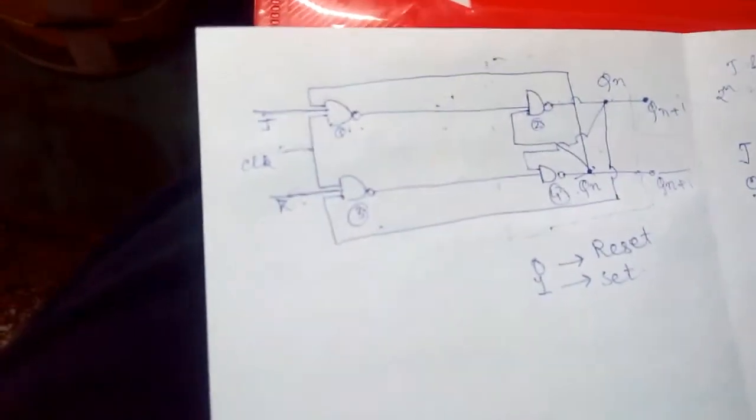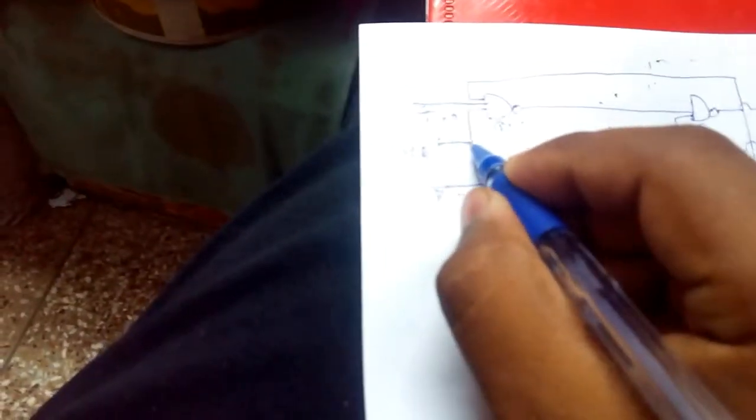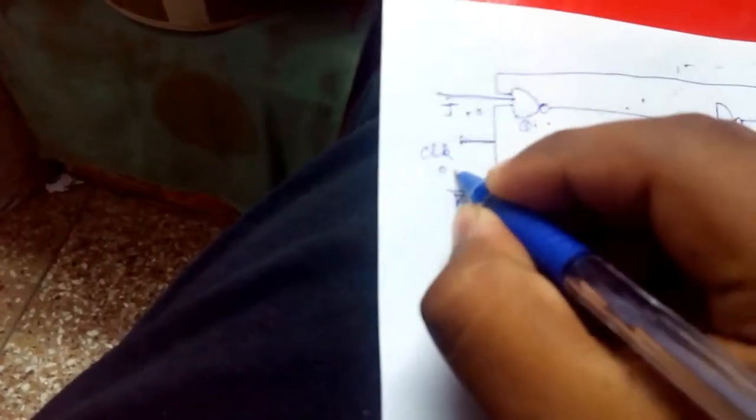We are putting the inputs J and K as 0 0. J is 0, K is also 0. Let the clock pulse be 0 or 1.